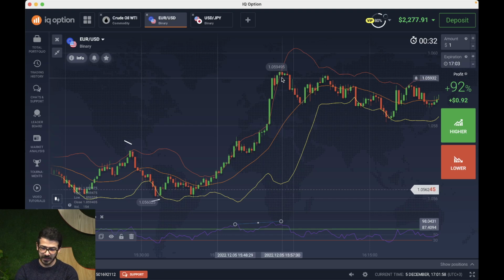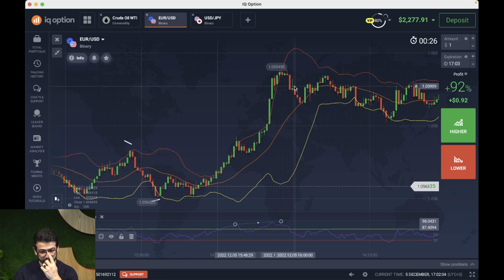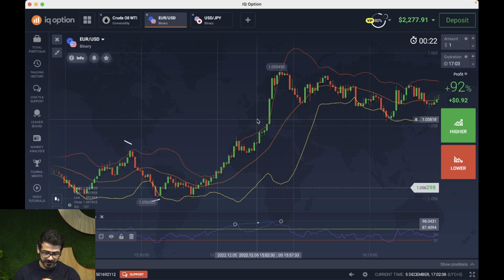Now, I gave this example previously, but you can see that it went back in and it didn't fully continue uptrend. So this takes us back to the point that, again, these indicators do not account for market news. They do not account for events that are happening in the real world. They are basically moving according to technical information that is happening on the price action.